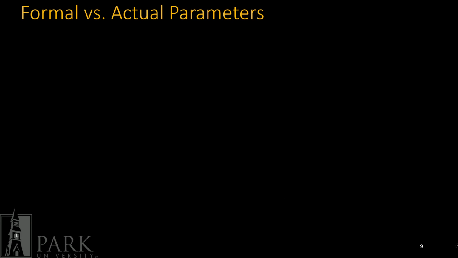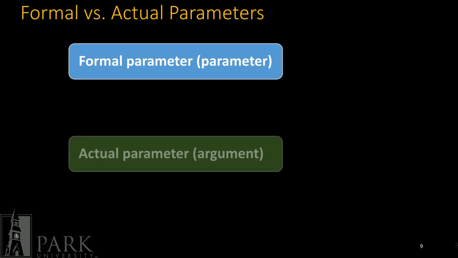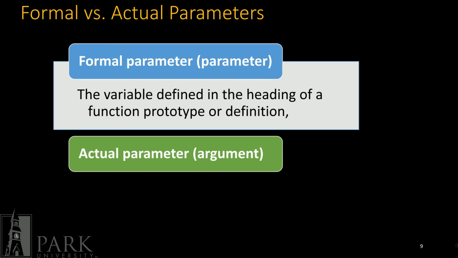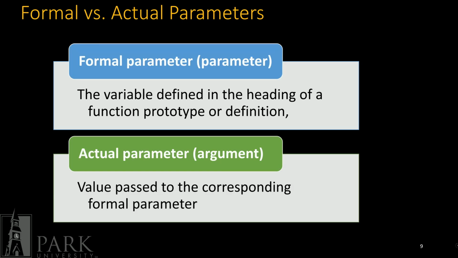Another concept that we need to discuss is parameter names, specifically formal parameters and actual parameters. We differentiate formal parameters from actual parameters by the fact that a formal parameter is the variable defined in the heading of a function prototype or definition, while an actual parameter is the variable used in a function call, or the value that is passed into the corresponding formal parameter.